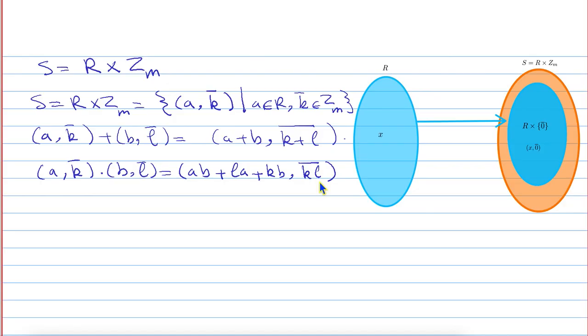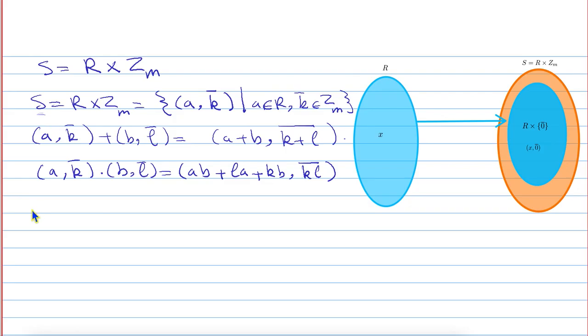Now as you can see, this is exactly the same addition and multiplication we defined on R cross Z, except that we are using here equivalence classes in the ring Z sub M instead of only integers. And exactly in the same way, it can be proven that these two operations are well defined, and all the steps of proving that S is a ring follow similar methods.